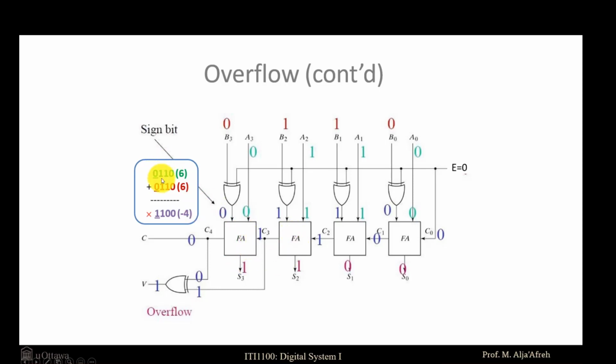In the last addition here, 1 and 1 is 0, and we have 1, so the last one will give you a carry out of 1. If we XOR it with the final carry out from this full adder, which is 0, 0 XOR 1, remember it's an inequality, so this will produce 1. That indicates an overflow happened, okay?